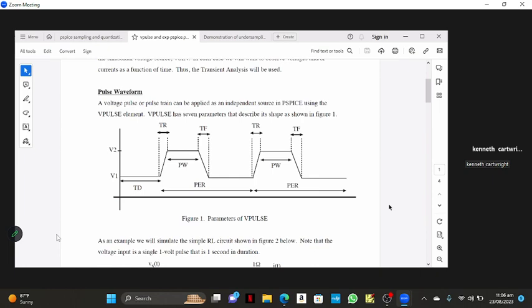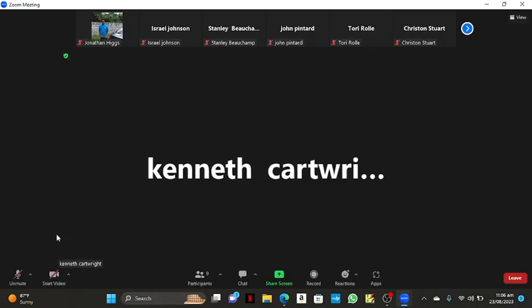This has 2 different values. V1 for our purposes is going to be 0, and V2 is going to be 1. Because what we're going to do with this is create our sampling signal.